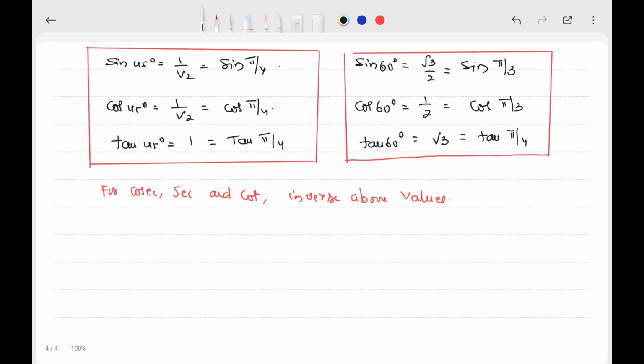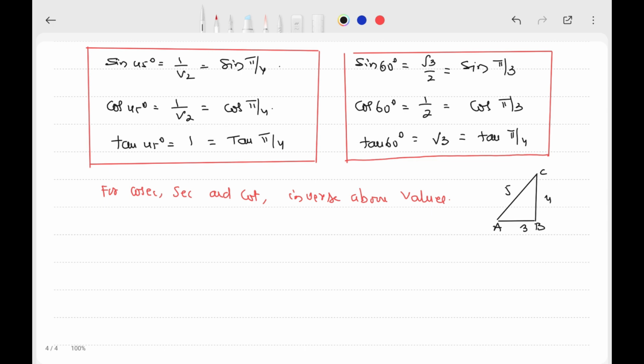If you draw a right angle triangle like this, with sides 3, 4, 5, just for the sake of understanding I am writing 3, 4, 5, you can write anything.